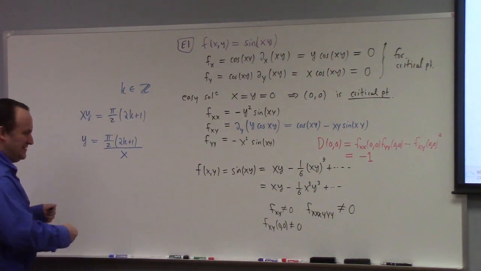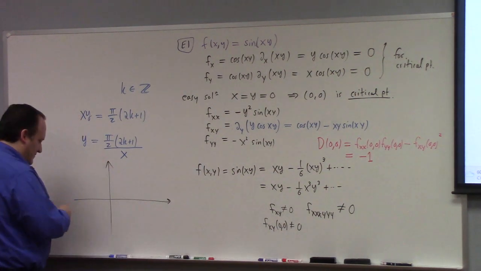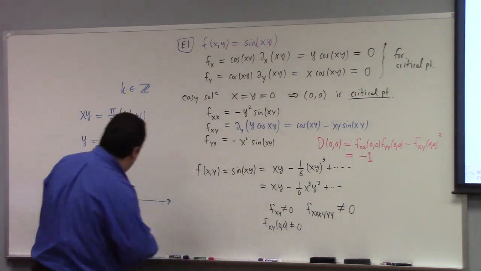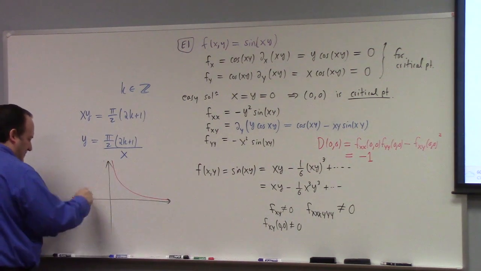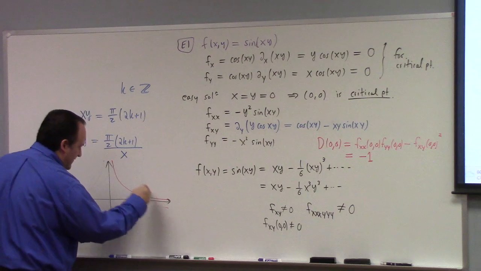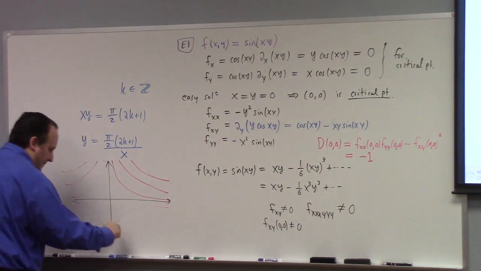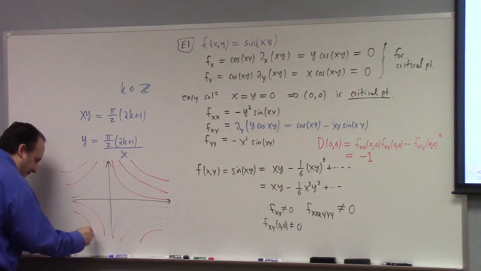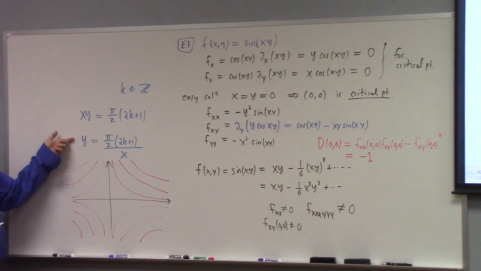This function is critical along an infinity of points like this, like that, and like that, because these are reciprocal functions of various kinds.